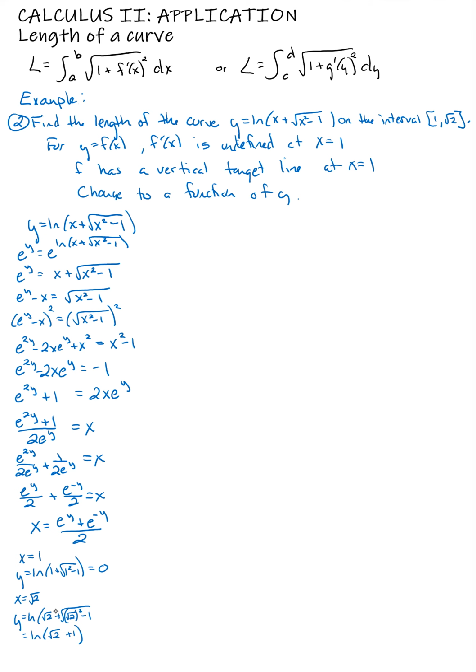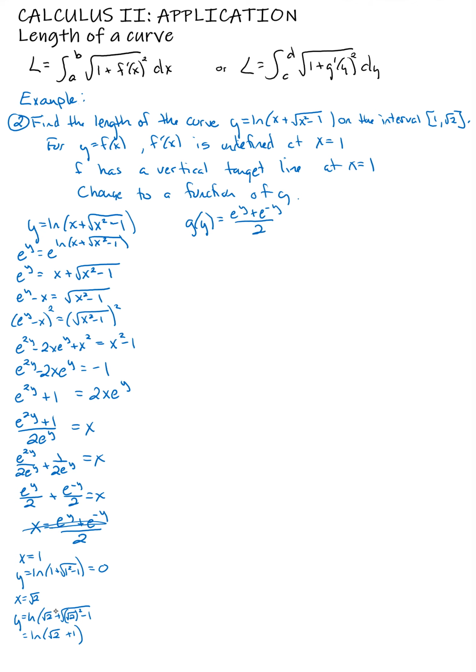Okay, now I think we're ready to go. We are using the second formula here, which means we have our g of y. Our function of y is e to the y plus e to the negative y over 2, right? What we came up with down here.